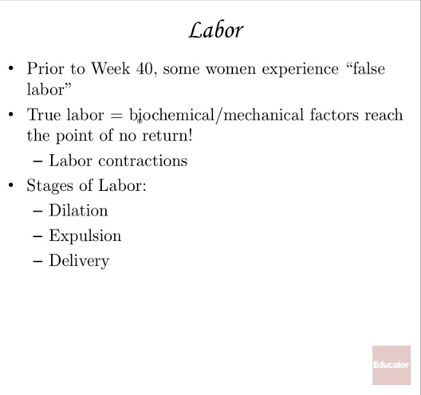True labor is when biochemical and mechanical factors reach the point of no return. The unconscious portions of the female brain have signaled, hey, it's time. This baby is ready. And labor contractions are what tell you it's true labor. And we're talking, initially, there are 3 stages. Initially, it's dilation.